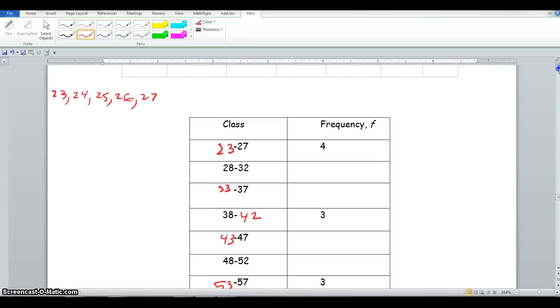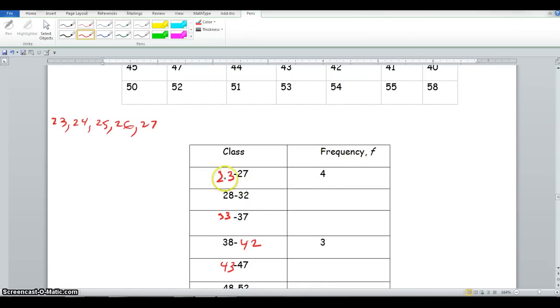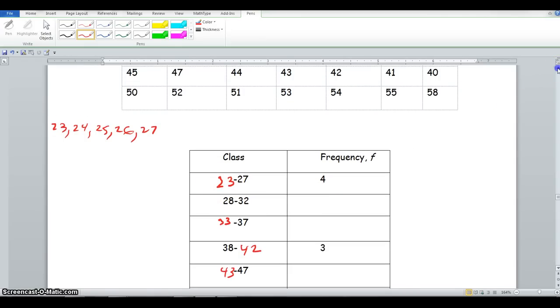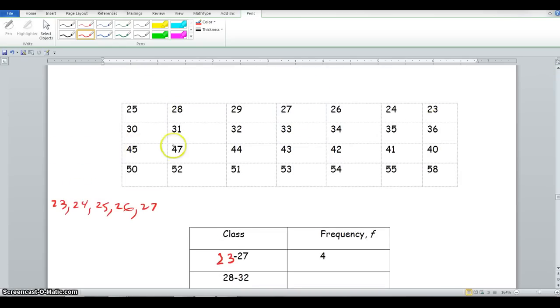Now what we have to do is find the frequency. What the frequency is basically asking you is, how many times do numbers in this range appear? Let's take a look here, 23 to 27.